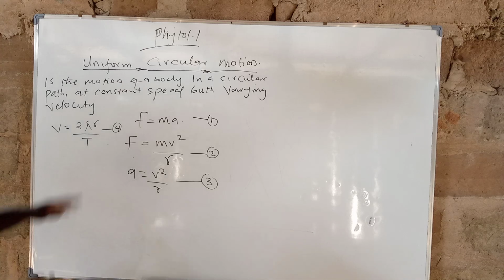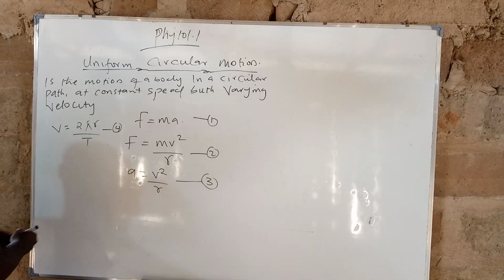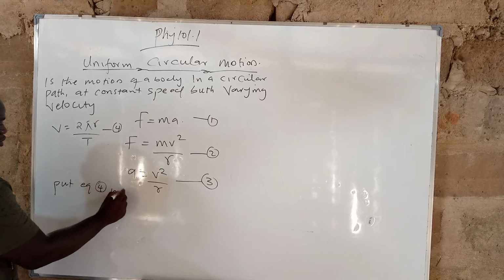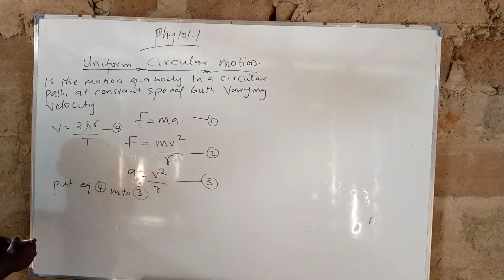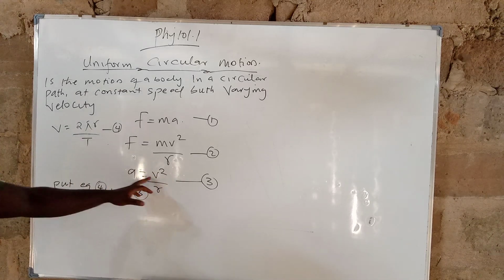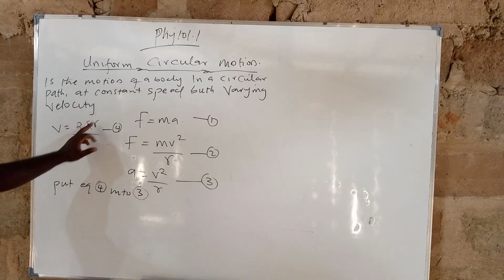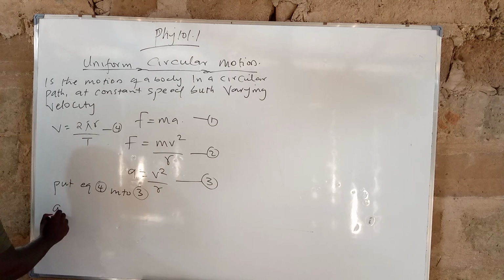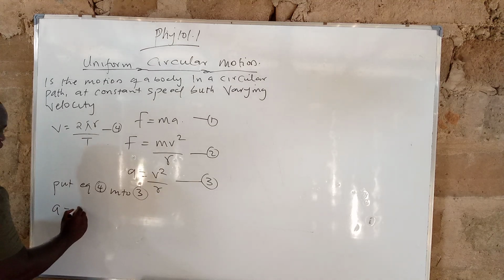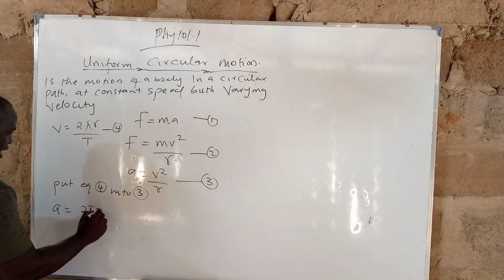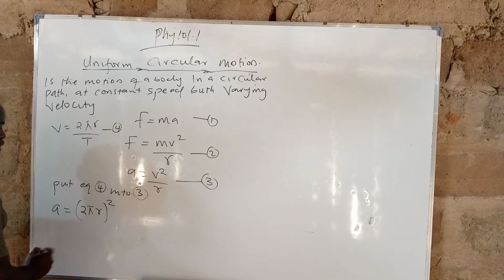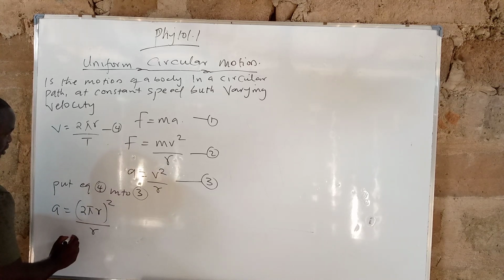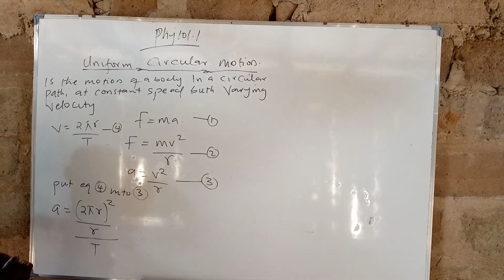Now I want to put equation 4 into equation 3. That means wherever I see v, I will remove it and replace it with 2 pi r all over t. Therefore, your acceleration will now be equal to 2 pi r, remember, it's all in square, all over r, all over t.